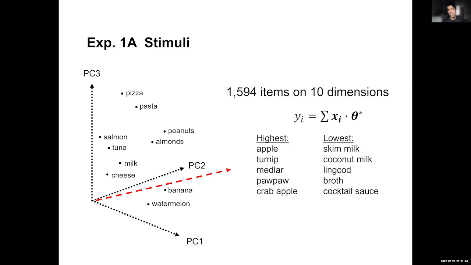So in study 1A, foods with the highest property value were apple, turnip, pawpaw, crabapple, and foods with the lowest y value were skim milk, coconut milk, broth, cocktail sauce. Okay, we use different randomly generated weight vectors and therefore different randomly generated property values in different experiments, but this is just one example.